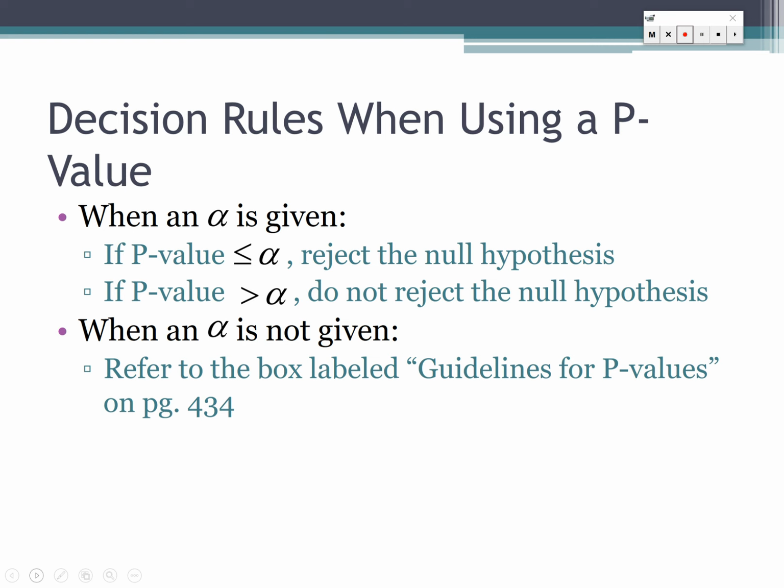Sometimes there is times when an alpha value is not given for you. There's not a significance level given. There is a box on page 434 that gives you the guidelines for how to handle p-values if there's no alpha value given to you. It doesn't happen often. The researcher typically sets a significance level. They usually have one in mind. But if it does happen, there is a guidelines box for you on page 434.